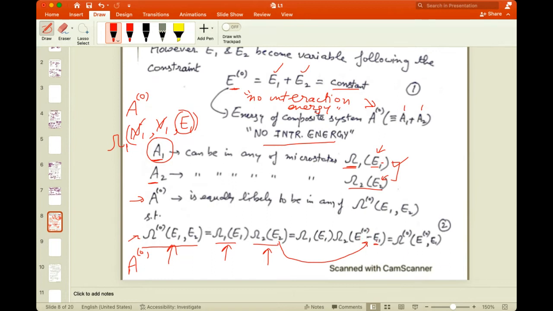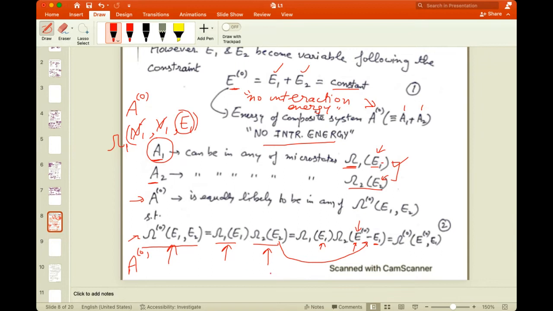Because E0 was E1 plus E2. So that functionality we have changed. And by the way, E0 is constant. So basically, the total functionality is only of E1 and E0. Nothing else. E2 is not appearing. Actually saying one and the same thing.